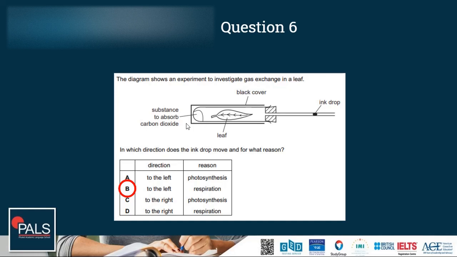So the change that we will see is oxygen molecules are taken out, and that causes the pressure in our test tube to slightly decrease, and the ink drop will move towards the left to equalize that drop in pressure. And the reason for that is the cells still respire.